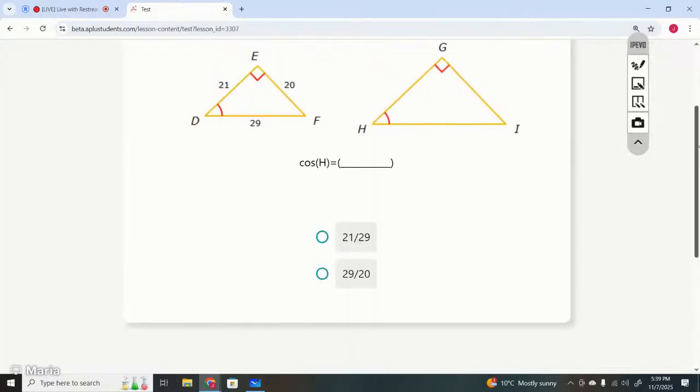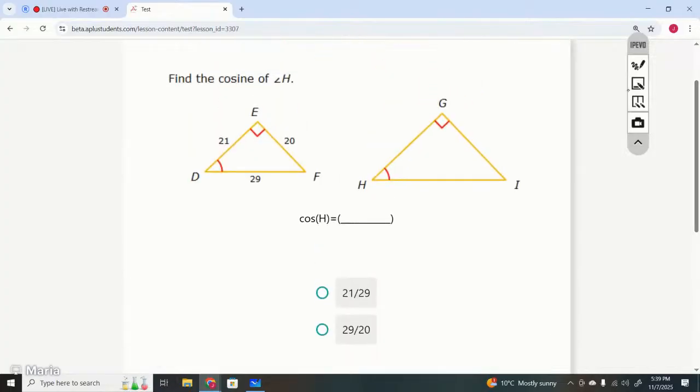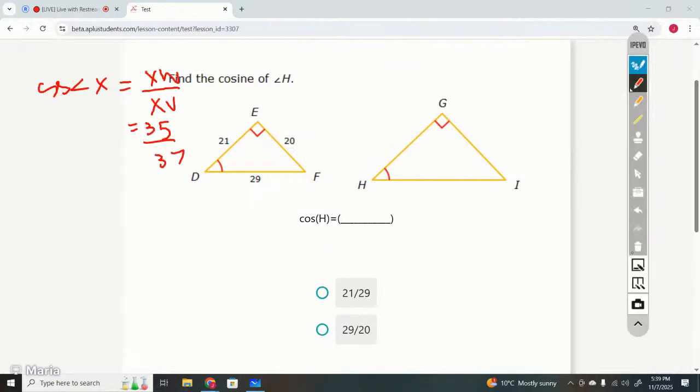Find the cos of angle H. That is GH divided by HI.